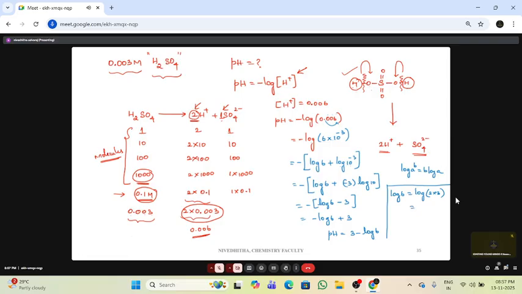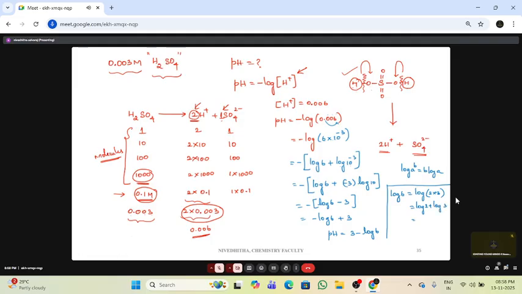So how can log A into B be written? Log A plus log B. Very good. So this is log 2 plus log 3.